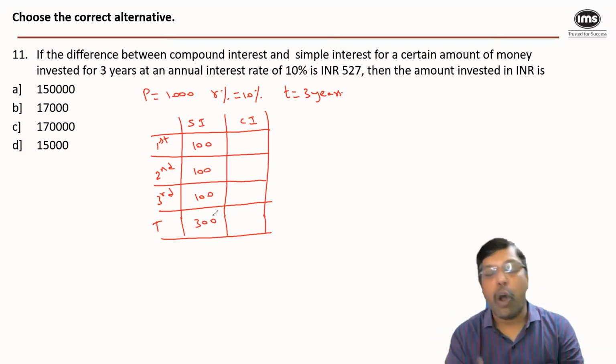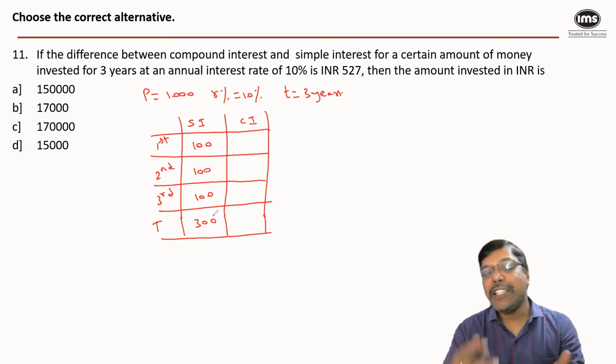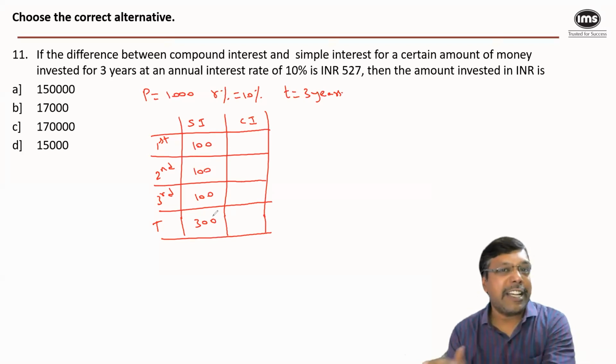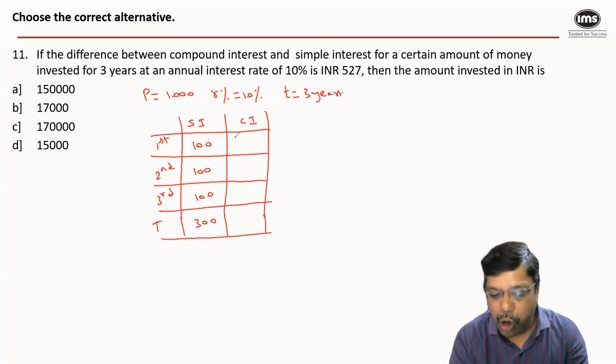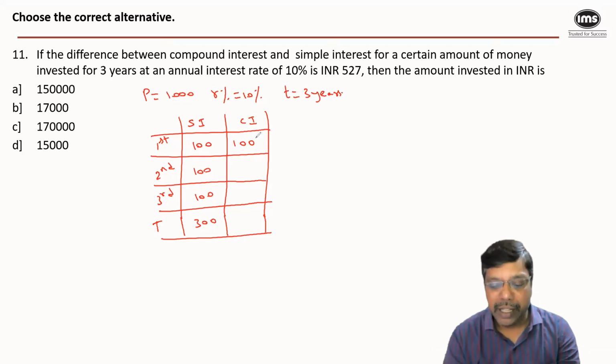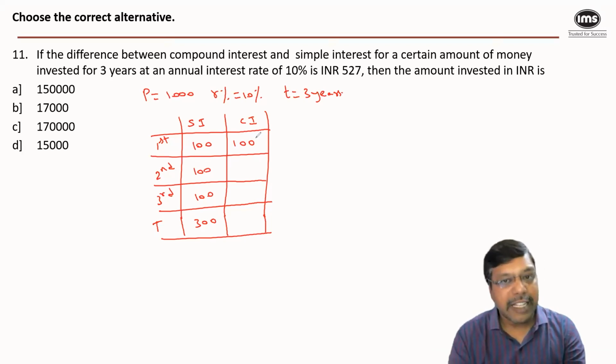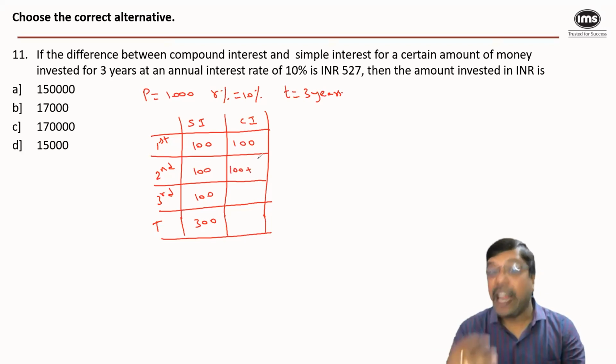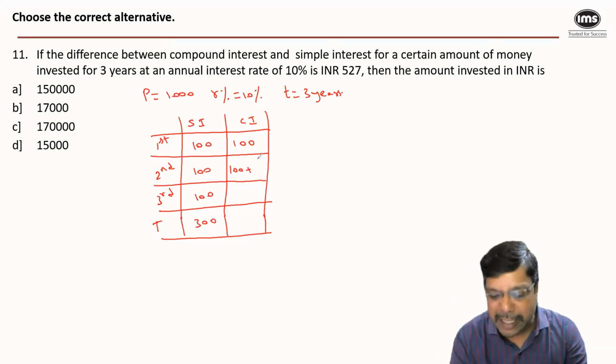When it comes to compound interest, interest is calculated on principal and on interest generated till then. So compound interest for the first year is 10% of principal, that is 100. For the second year, it is 10% of the principal, 100, plus 10% of the first year's interest.